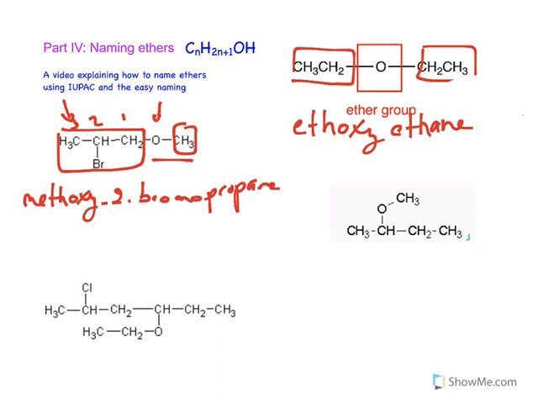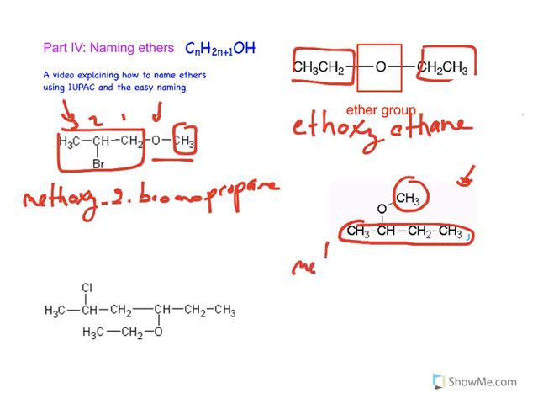I cannot name this following the easy way of naming ethers because I have a substitution in the other alkyl group bonded to oxygen. Looking at this one over here, this is the first R and this is the second R. Of course the one with the shorter carbon chain will take the oxy group.